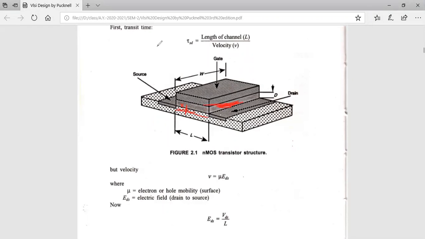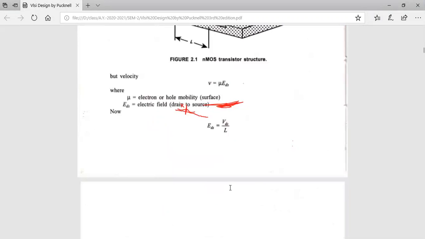Epsilon naught is the permittivity of free space, and epsilon ins is the permittivity of the insulator. Here, insulator means silicon dioxide. And Eg is the field from the gate to the channel.